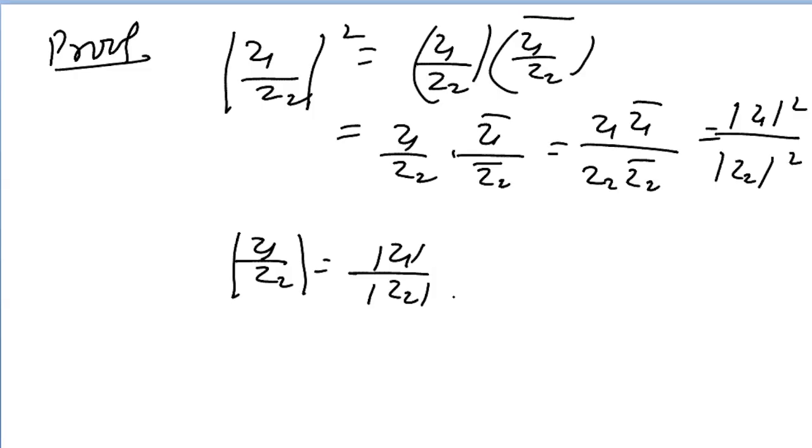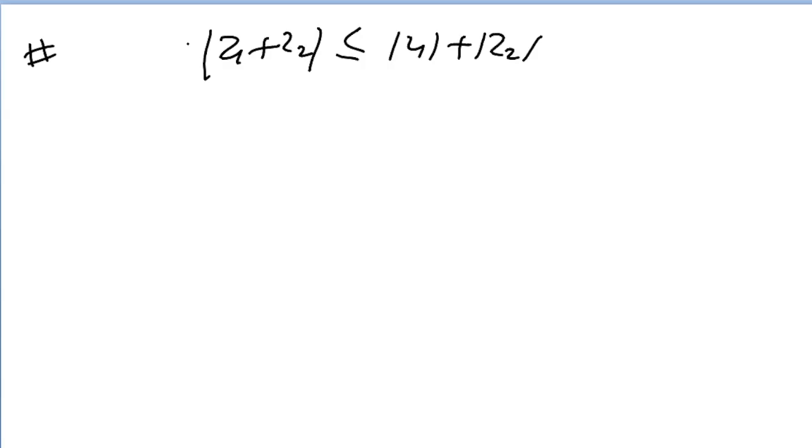Okay, now let's talk about the triangle inequality. Let's prove this part, it is the interesting part. We have to prove that modulus of Z1 plus Z2 is less than or equal to mod Z1 plus mod Z2, and this is always greater than or equal to mod Z1 minus mod Z2.